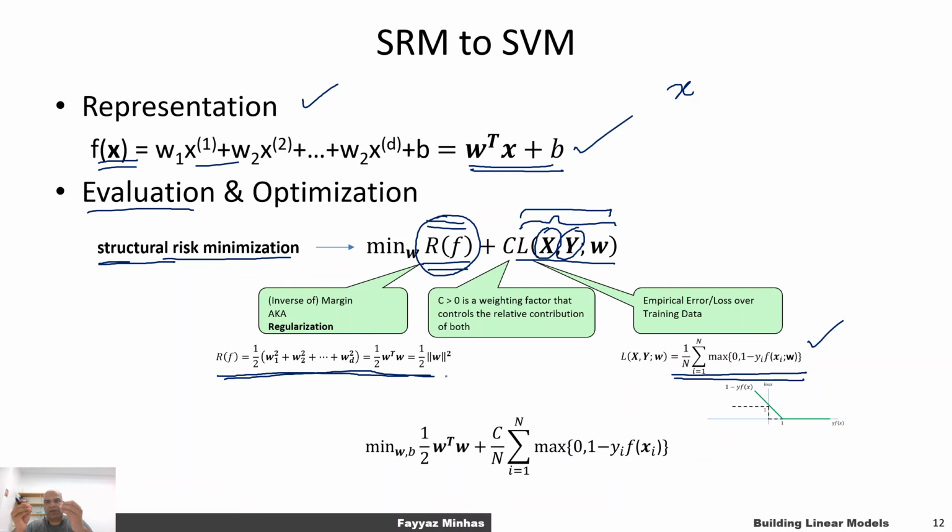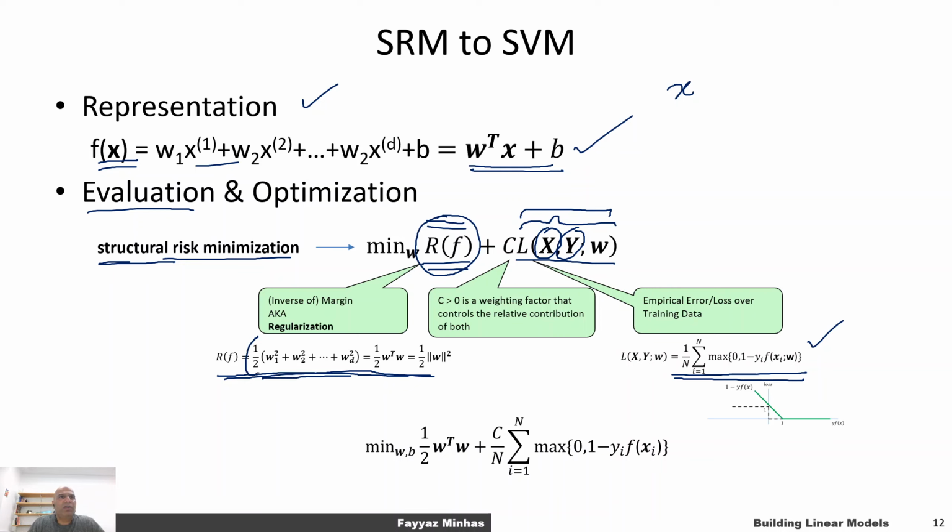Because if a weight value is small, then even if the feature changes by a small amount, it's not going to produce a large change in the output. So we want small weights. And to do that, we can minimize the square of the individual weights, because whenever the square of the individual weight is small, the overall weight is going to be small, whether it is positive or negative. So that's why we have this as a regularization term.